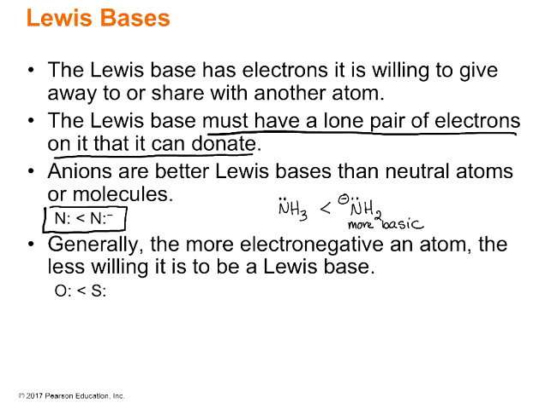Now, generally, the more electronegative an atom, the less willing it is to be a Lewis base. So if we compare oxygen and sulfur, oxygen is more electronegative, so it's going to be less basic than something with sulfur in it.